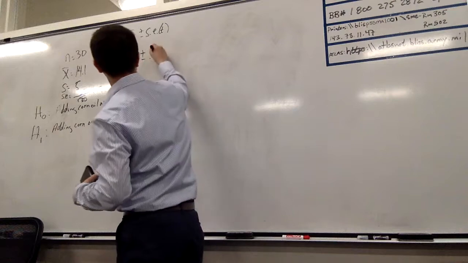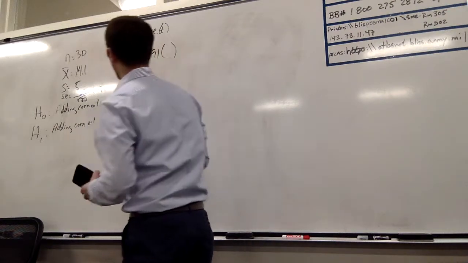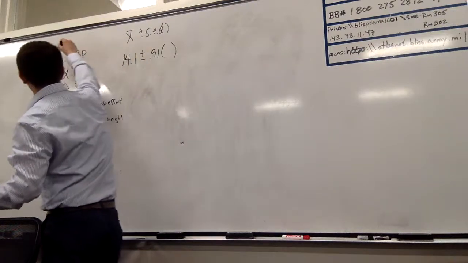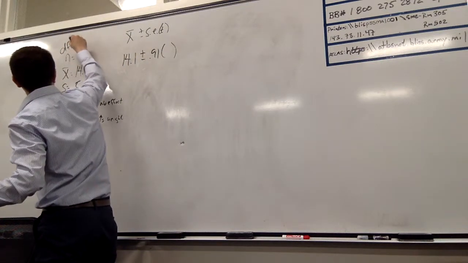I'll move that over here. And for an n of 30, you have degrees of freedom of 29.